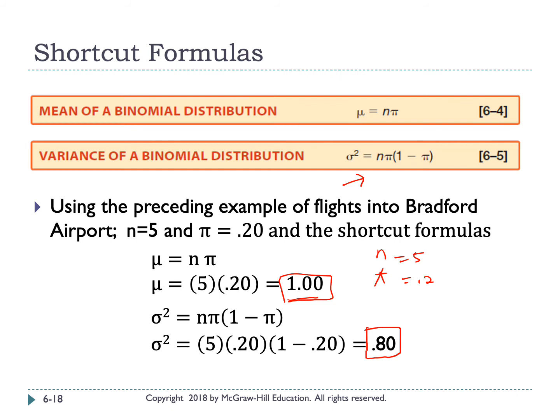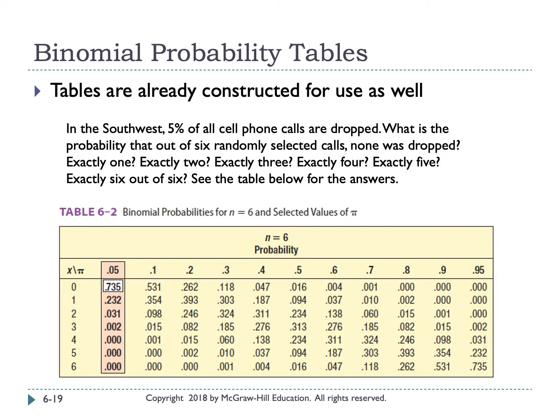If you are asked to compute the mean or the variance, use the shortcut formulas. Okay? This is another example of the binomial probability distribution, and you can try to do it at home by computing the probability distribution, and then computing the mean and variance using the shortcut formulas.